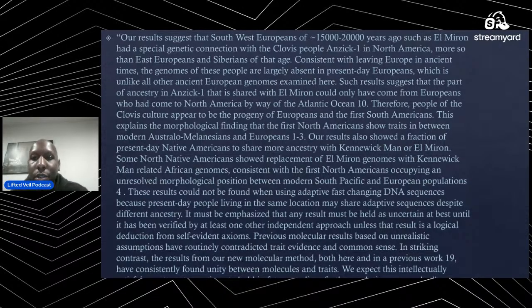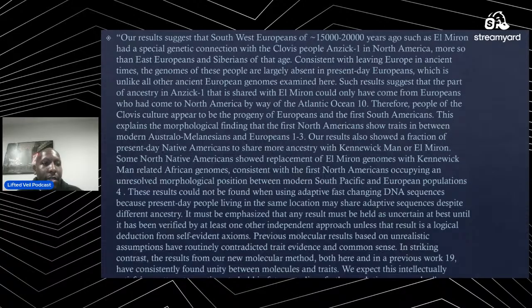But such results suggest that the part of ancestry in Anzick-1 that is shared with El Miron can only have come from Europeans who had come to North America by way of the Atlantic Ocean. Therefore, people of the Clovis culture appear to be the progeny of Europeans and the first South Americans.